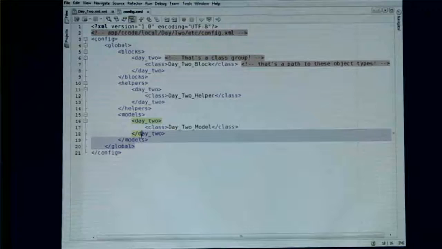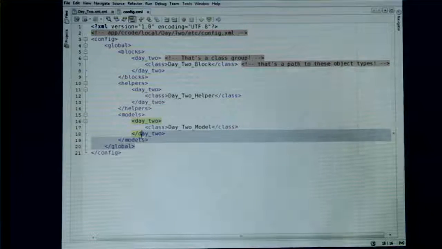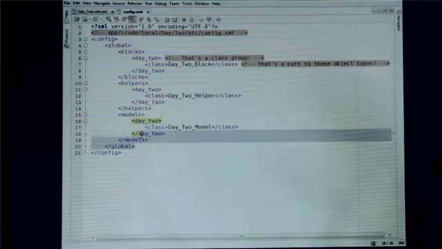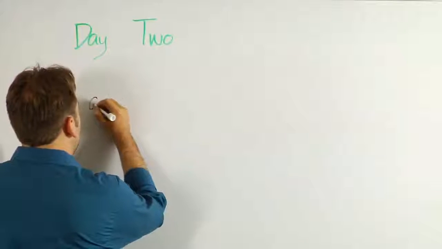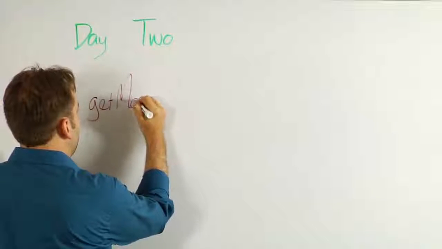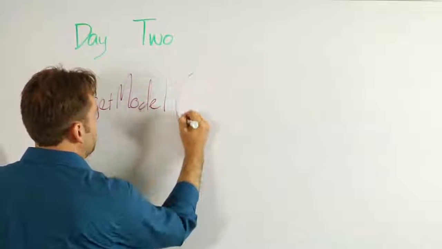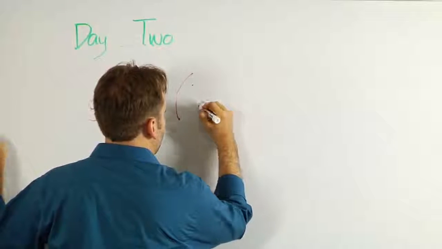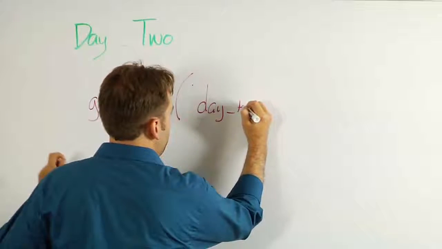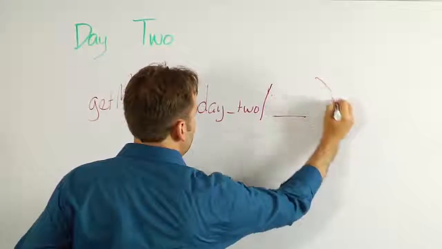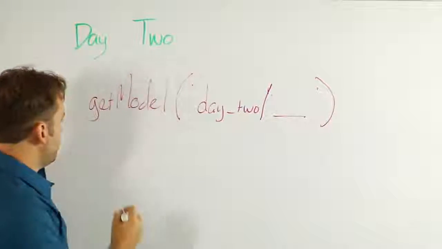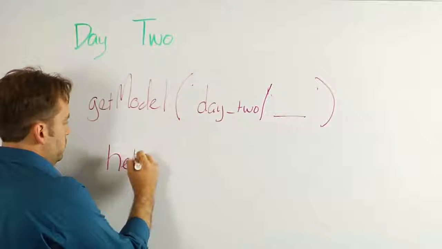Whatever I pass in to those methods, that string value that I pass in before the slash, just comes from here. So I'll do this one more time. Get model takes, in this case, day 2. Okay. Helper.